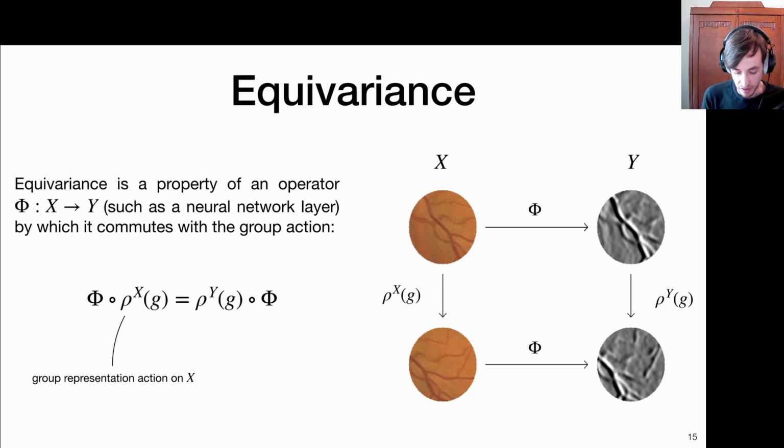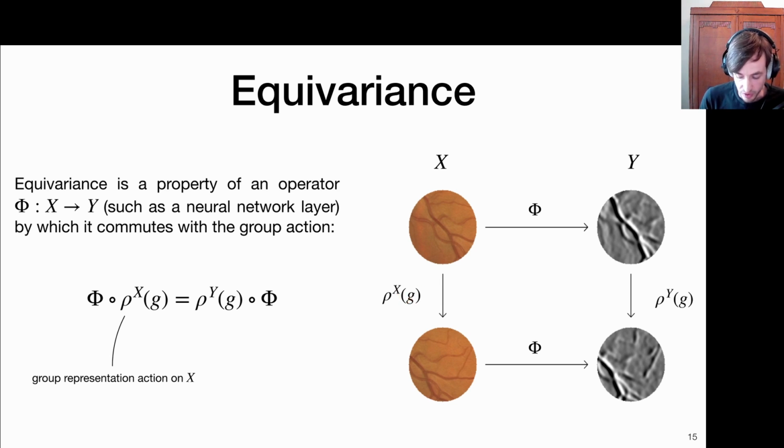So Phi is an operator, for example a neural network layer, and equivariance is a property of this operator, which tells us that this operator commutes with the group action. So we know how to transform elements in the space X, and we denote that with the representation of the group G acting on the space X, parameterized by a group element.